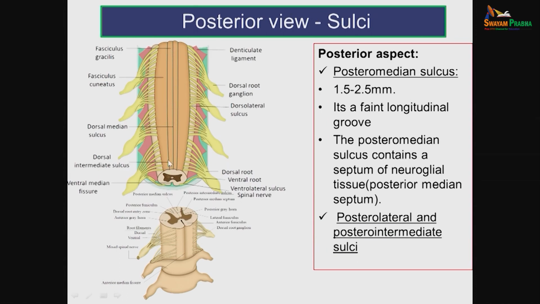On the posterior aspect, you can see a sulcus which is just 1.5 to 2 mm. It is not very deep. It is a faint groove called the posterior median sulcus. From the posterior median sulcus, as you see in the picture below, a septum of neuroglial tissue extends till the grey commissure.